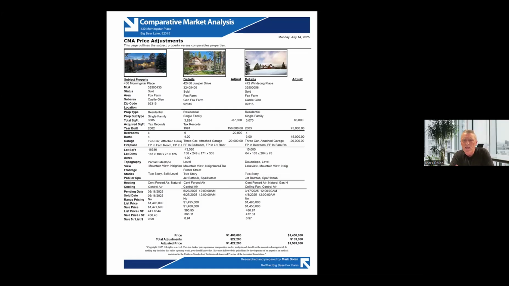I have seen agents walk into a listing presentation with 27 comps. I think that's very, very difficult. It's confusing. It means the presentation is going to last 4 hours. So I don't think that's good.